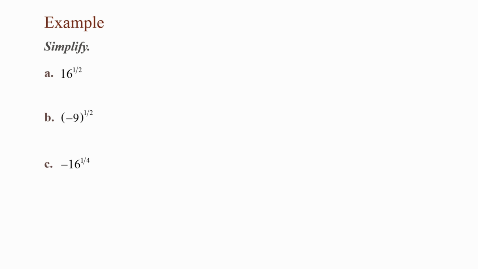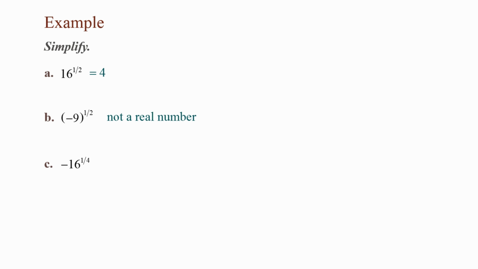That's the same as the square root of 16, so my answer is 4. For b, I have parentheses -9 to the 1/2, so my base is -9. Since the denominator of my exponent is even, this one can't be done. My answer, not a real number.